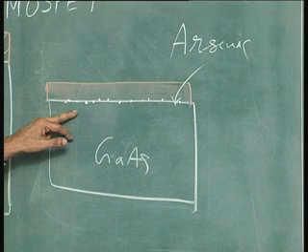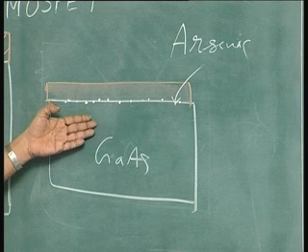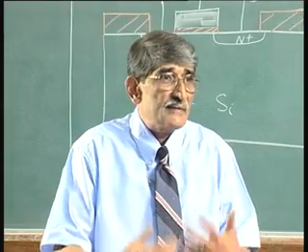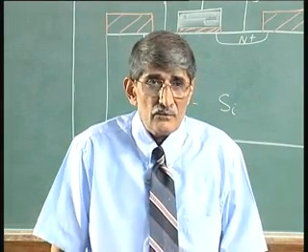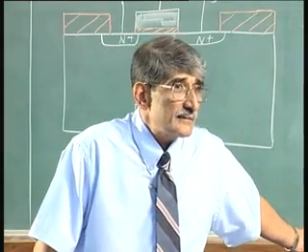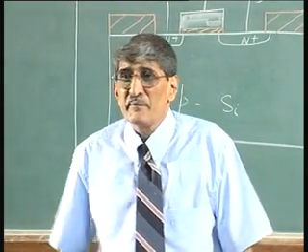What will be the result electronically? Levels. Not only loss of periodicity, you have just arsenic sitting there, you will have extra interface state densities. So, high interface state density is observed because of this excess arsenic at the interface. Okay. So, these are the problems which people faced.